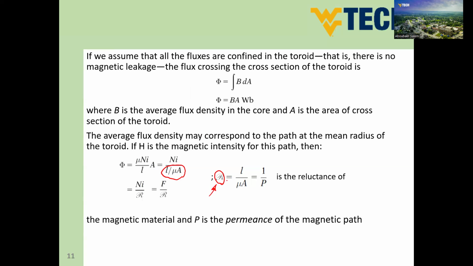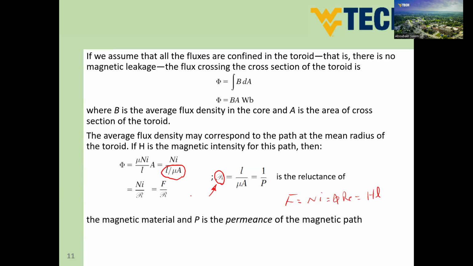Where can we use that? We mentioned in the beginning, guys, the relation of the MMF, or the magnetomotive force. We can say F equals N times I equals phi times reluctance equals H times L. So all of these terms can be used to obtain the magnetomotive force.